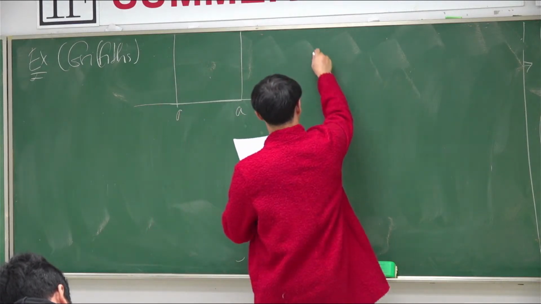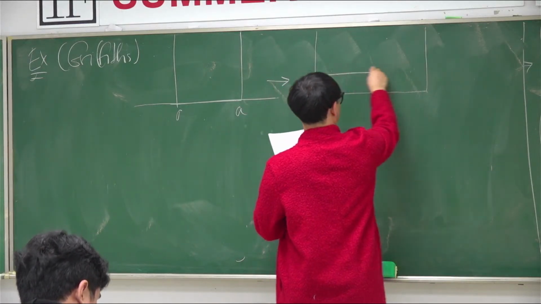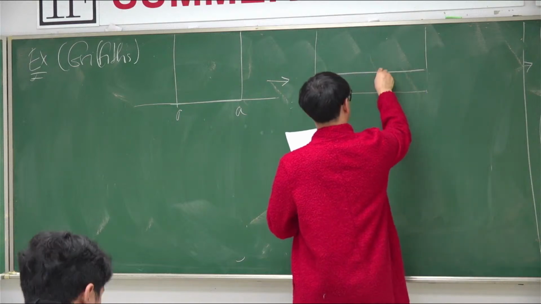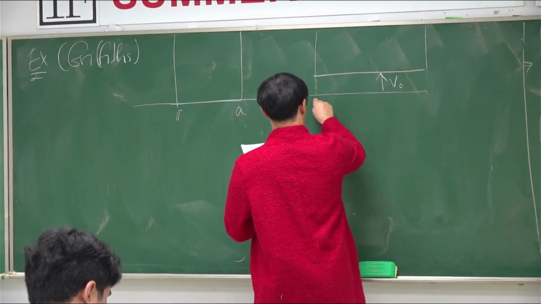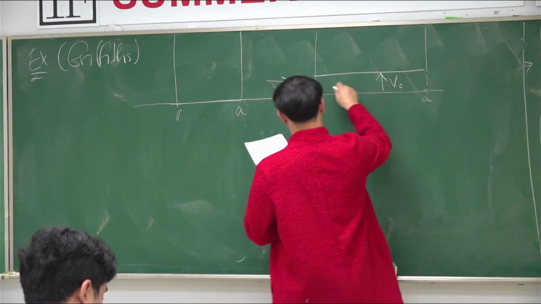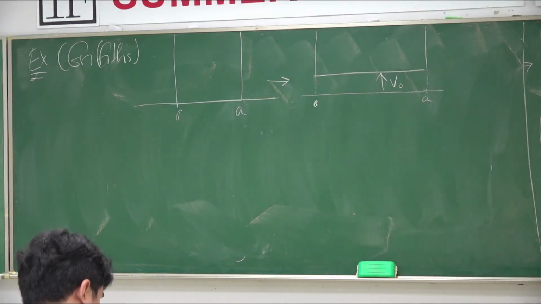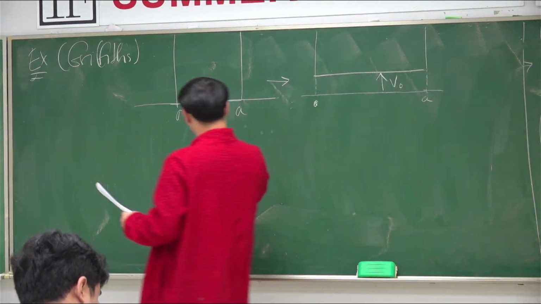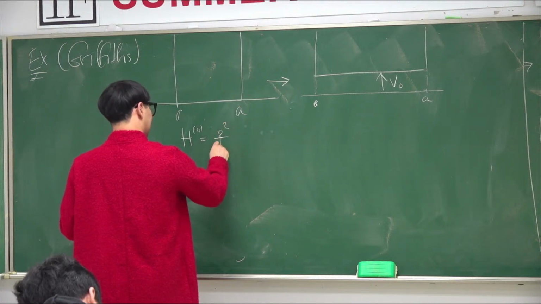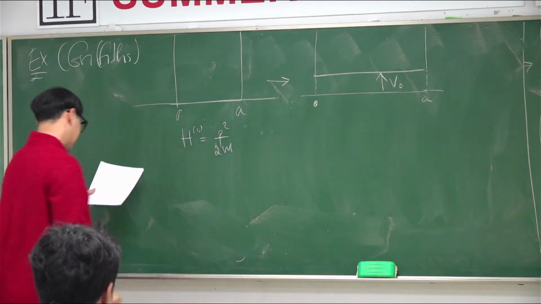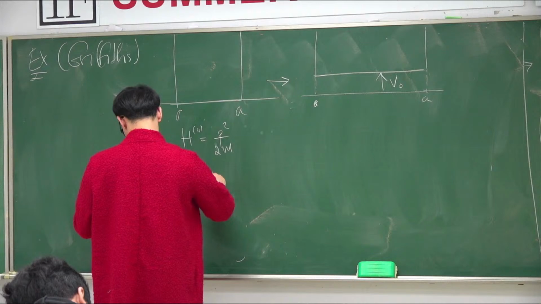and then it has been shifted up, the potential has been shifted up in this way. So this means that, at the beginning, your Hamiltonian is very simple, right, in this region, and then you know what the solution looks like.